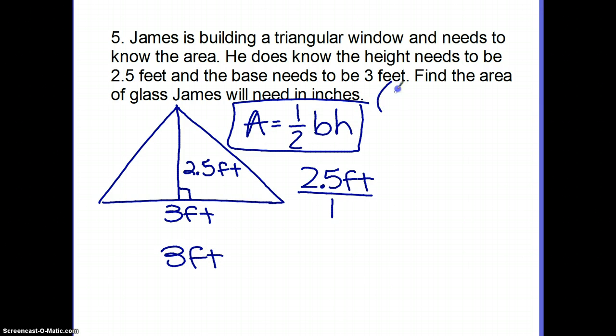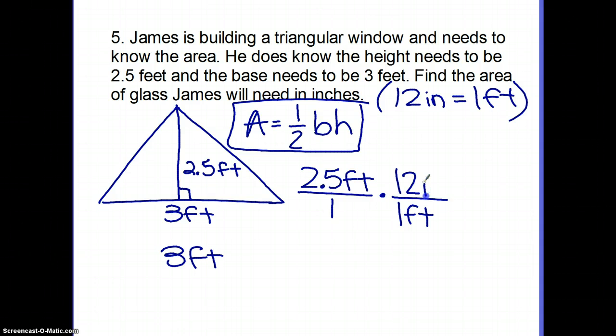So I know there's 12 inches equals 1 foot. So notice we have feet on the top, and we want to get to inches. We have feet on the top, we need feet on the bottom. So 1 foot on the bottom equal to the 12 inches on the top. Feet cancel out, feet over feet cancels.